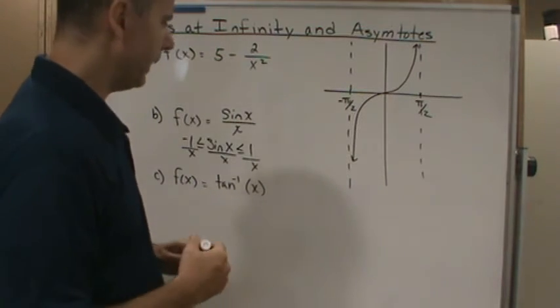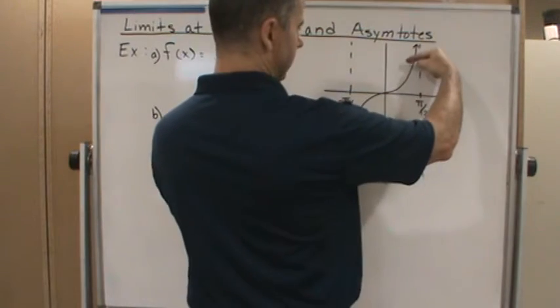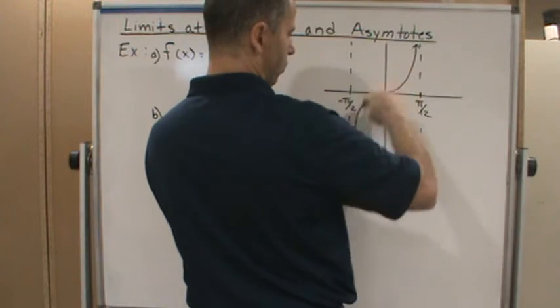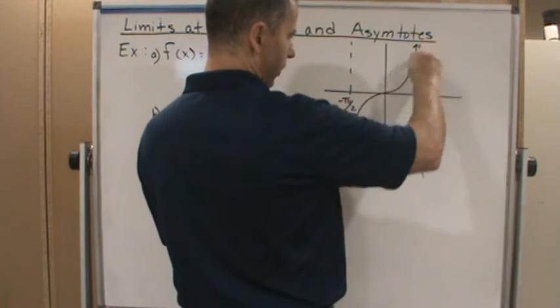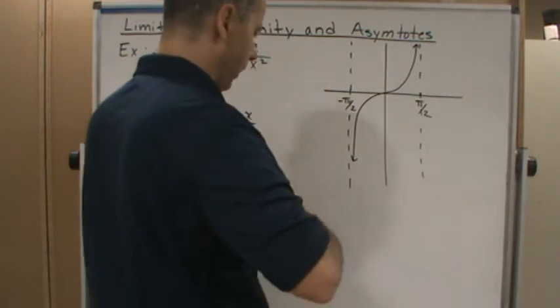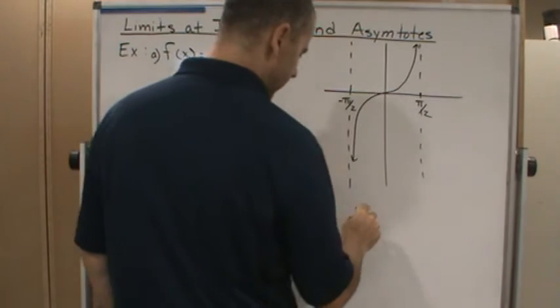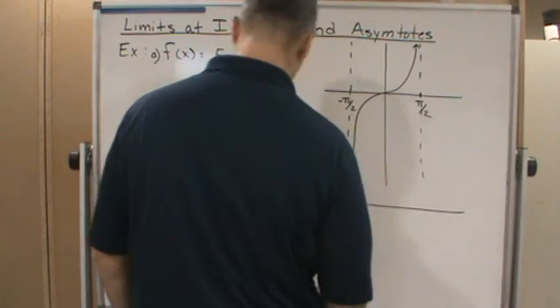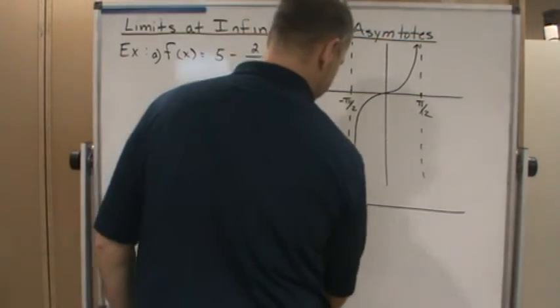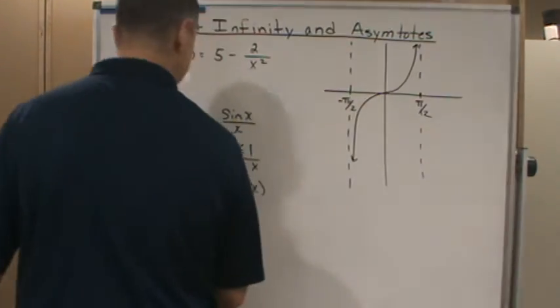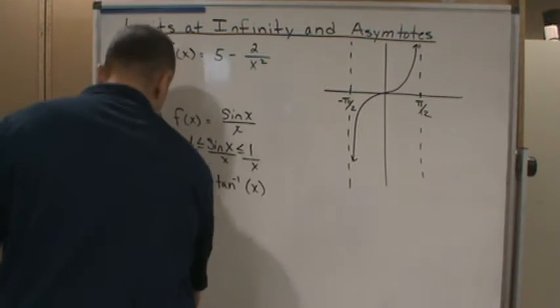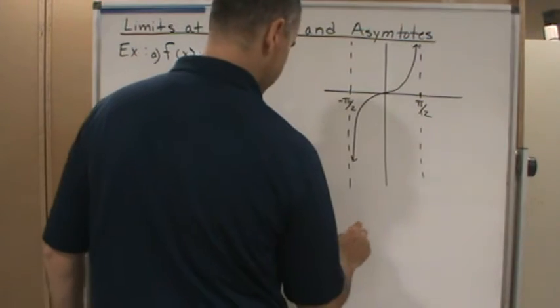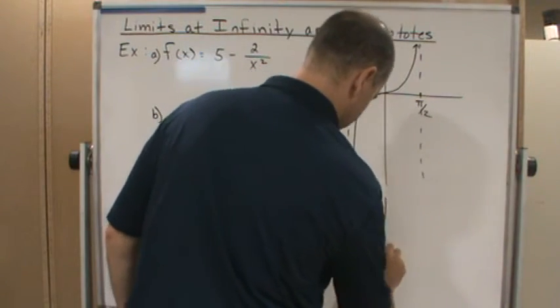Which means that if we flip this across the line y equals x, we get something that looks like this.